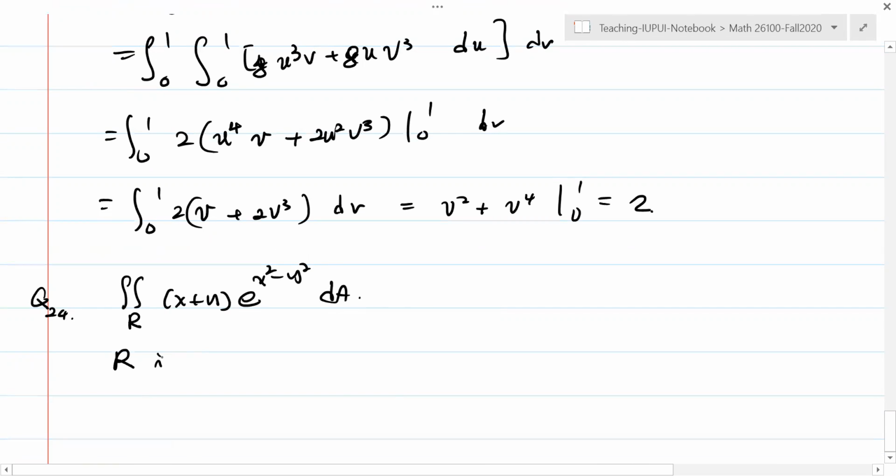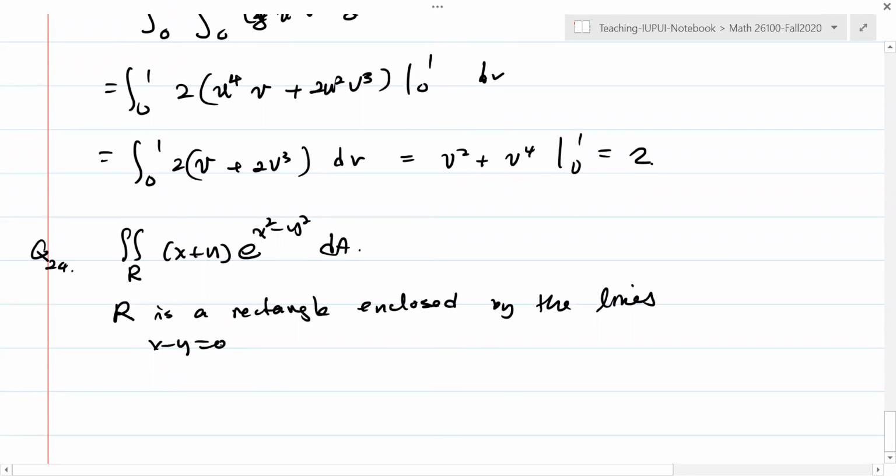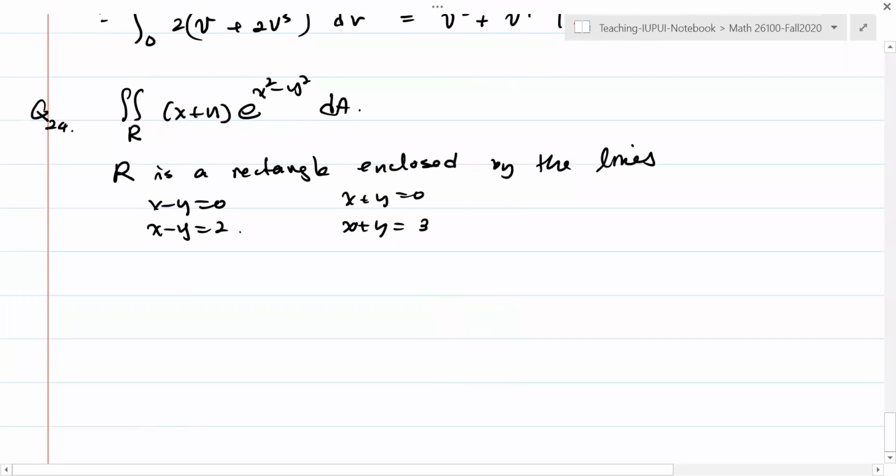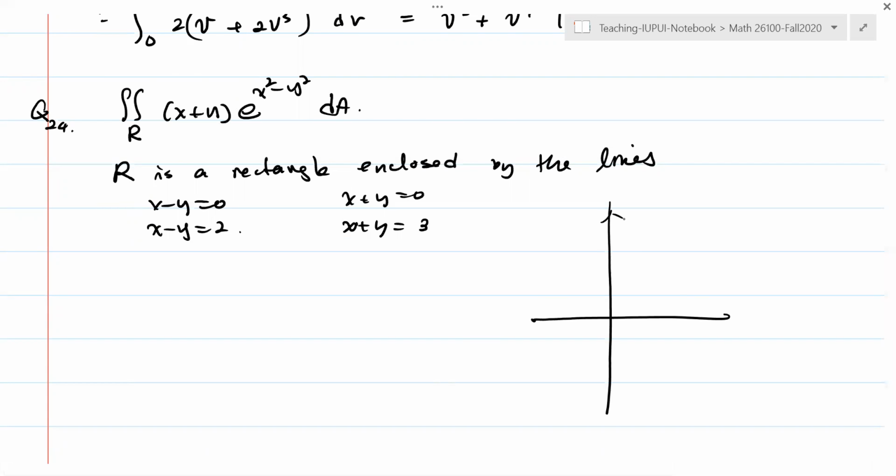R is a rectangle enclosed by the lines x minus y equals 0, x minus y equals 2, x plus y equals 0, x plus y equals 3. Can you draw these 4 lines?